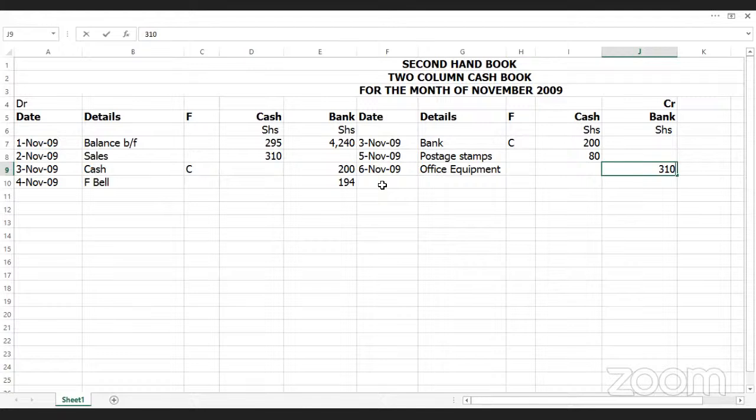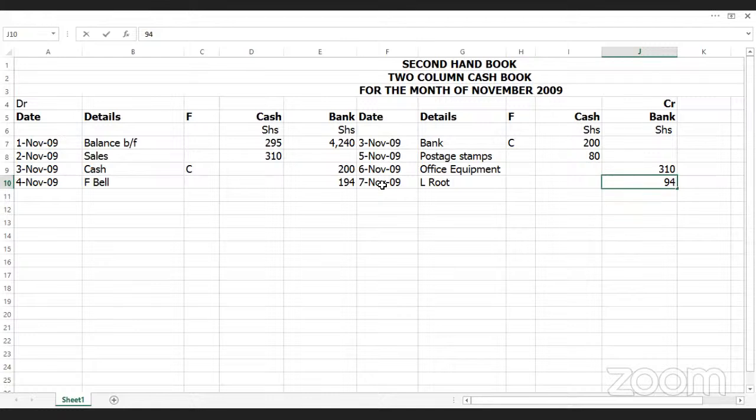That is on the 7th November 2009. We paid L route by check. How much? 194 by check.